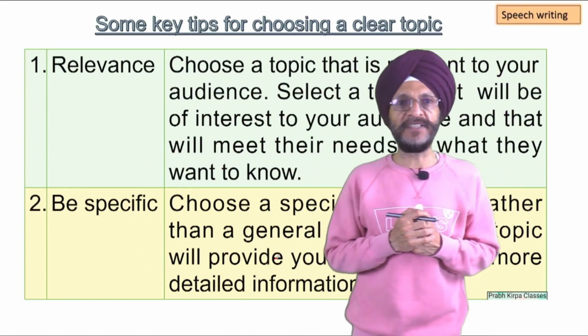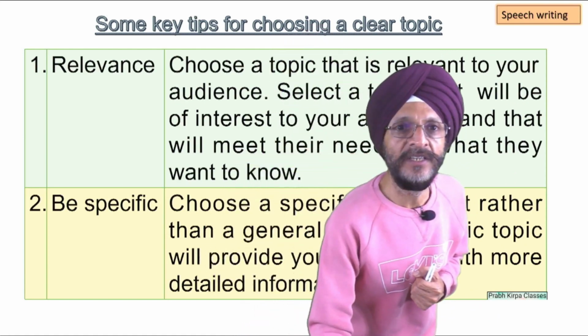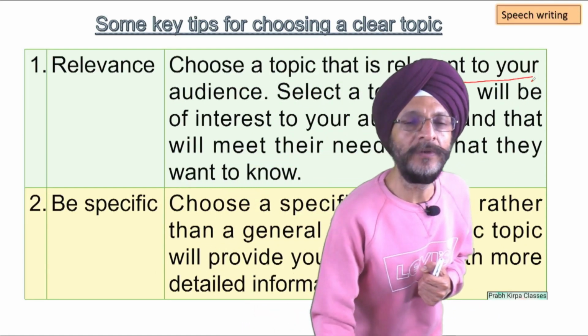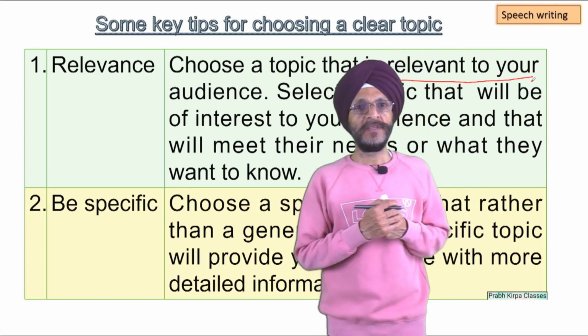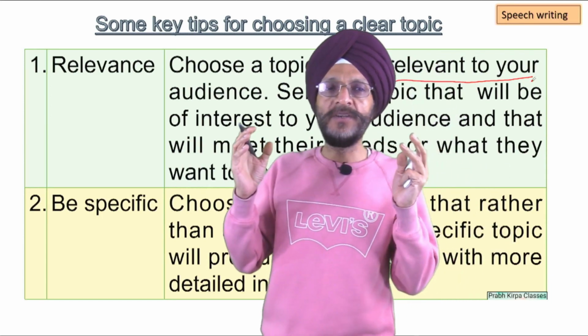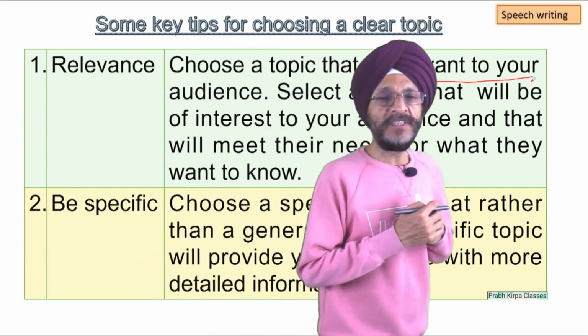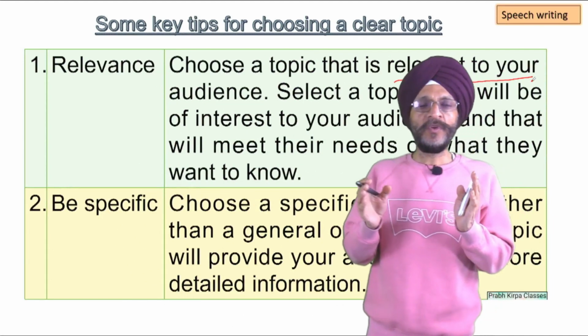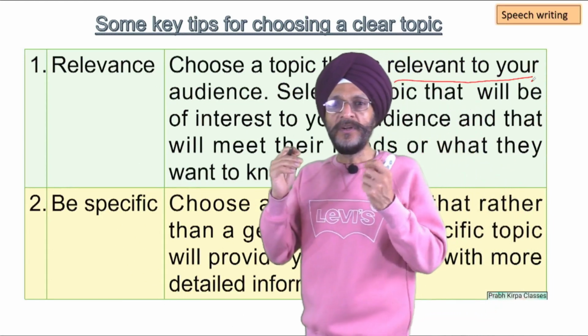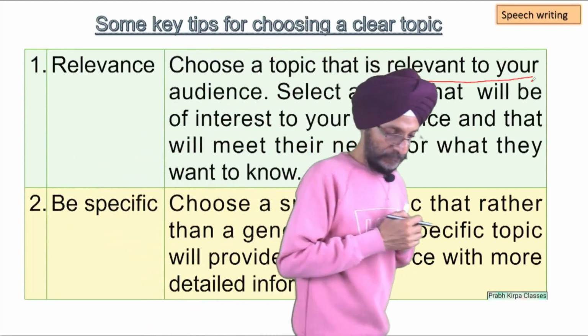First point is relevance. We should choose a topic that is relevant to our audience. We should select a topic that is of interest to our audience and which meets the needs of the audience or what type of information they want to know.